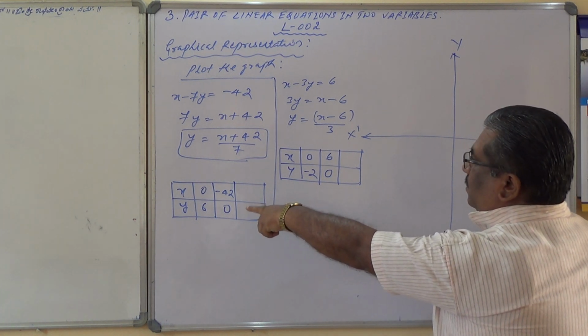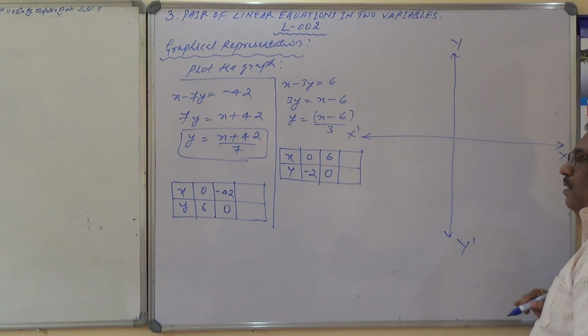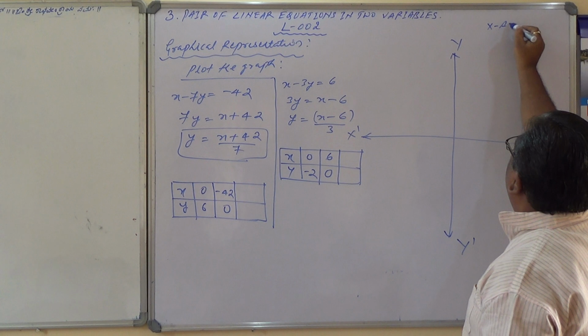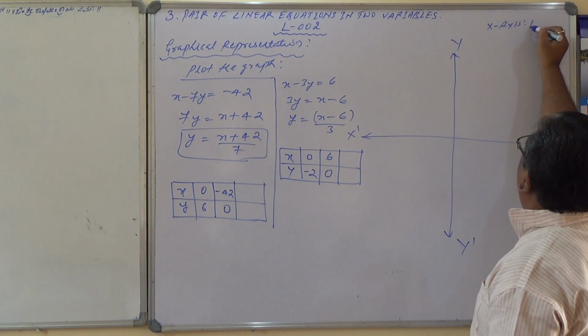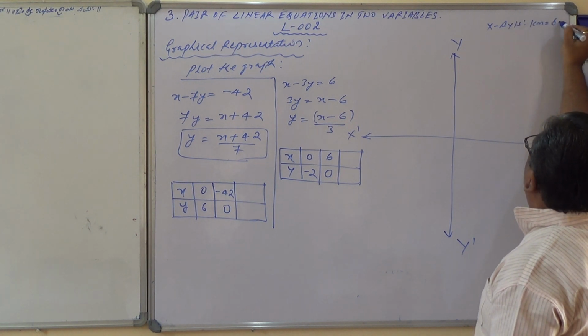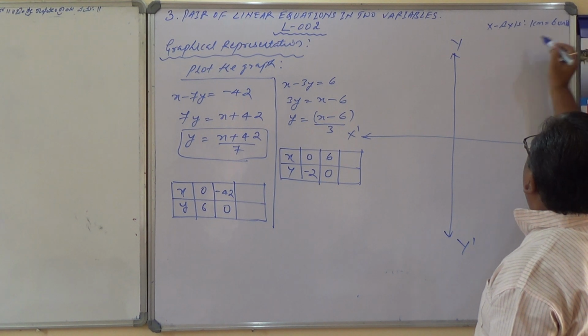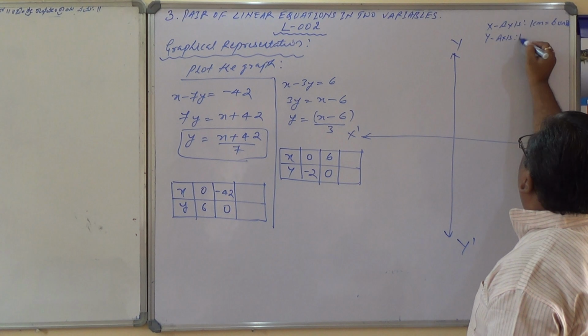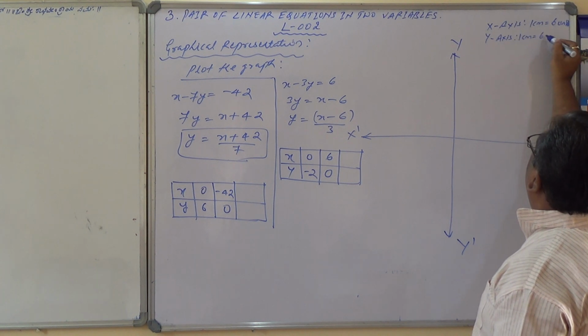The range is 0 to 42. So on the x axis, 1 centimeter is equal to 6 units. Similarly, on the y axis, 1 centimeter equals 6 units.